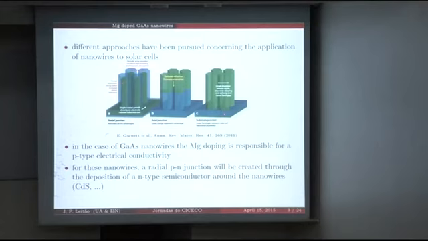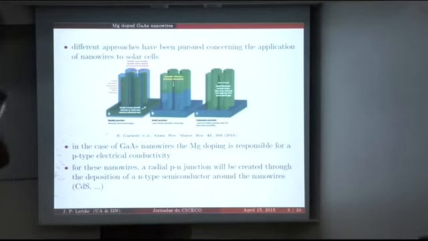In our case, we are studying nanowires doped with magnesium, because in this case the nanowires are P-type, and we will cover the nanowires with another material, normally cadmium sulfide, and in this case we are creating a PN junction perpendicular to the axis of the nanowire.